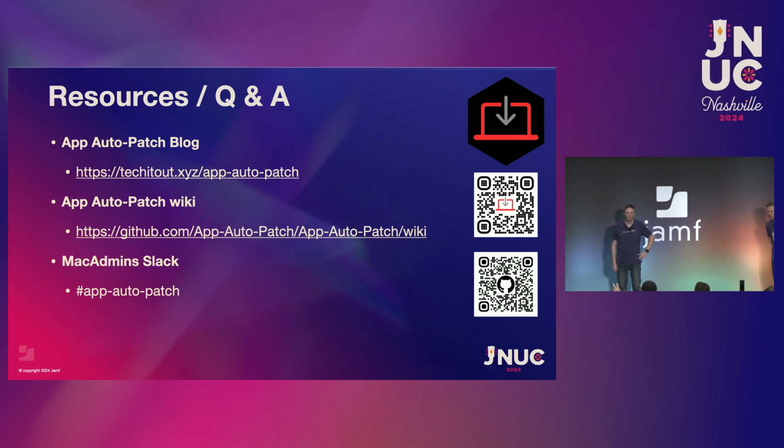When you saw the screen recording you did of the different apps that pop up that are available for update, is there a way for the end user to select some and not all, or is it like a defer all or accept all? Currently, it's a defer all or accept all. The mindset there was we want to make sure that all the apps are processed at the same time.